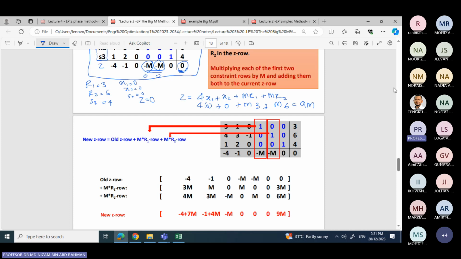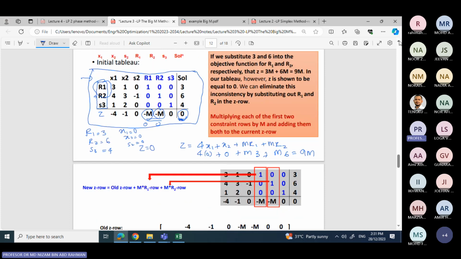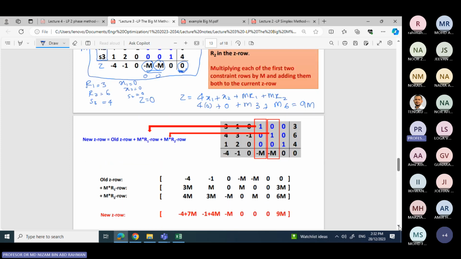To do that, we can multiply this row R1 by M and R2 by M. If we do that, the values for the R1 row become 3M, 1M, 0M, 1M, and so on and so forth. And then we can add them up. When we add them up, this value of M will become 0. So let's do that example, and hopefully it will be clear to you. So this is the method on how.